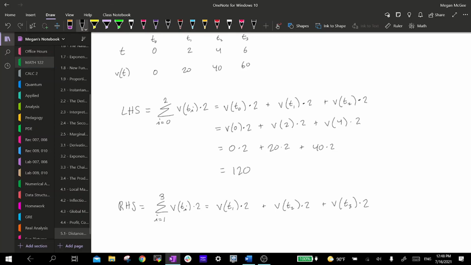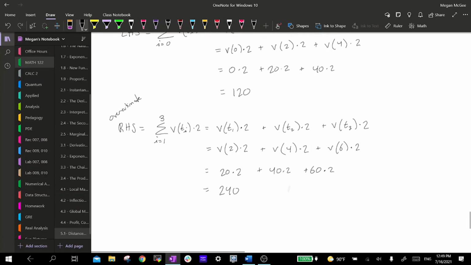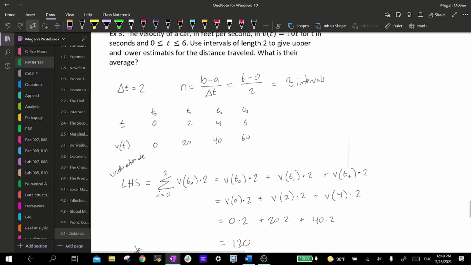Those are the 3 intervals. Alright, the left-hand sum gave us 120, and the right-hand sum gave us 240.